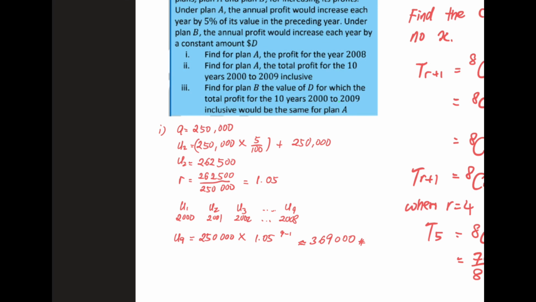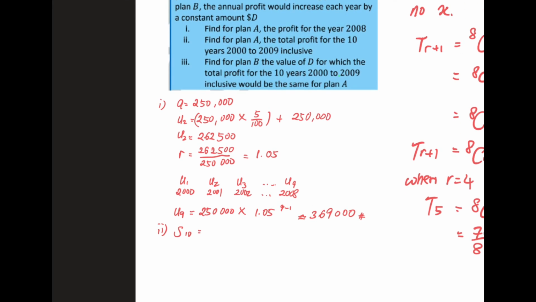Now part 2. Find for Plan A the total profit for the 10 years from year 2000 to 2009 inclusive. That means you have to include this year and this year, the profits of these two years. So that is going to be S10. So for part 2, we need to calculate S10.